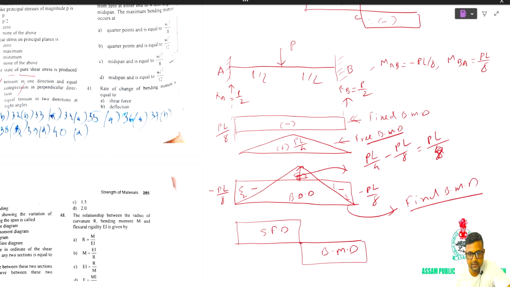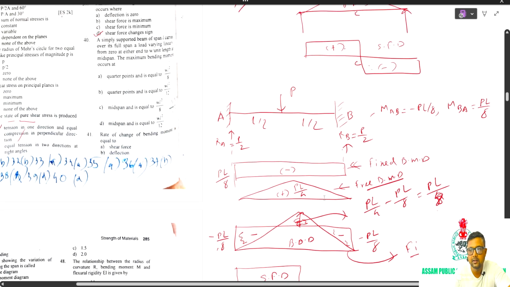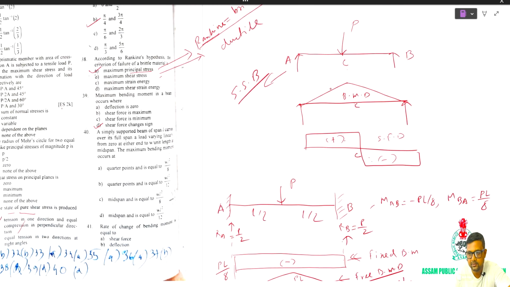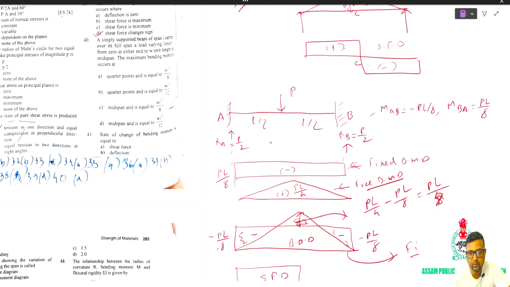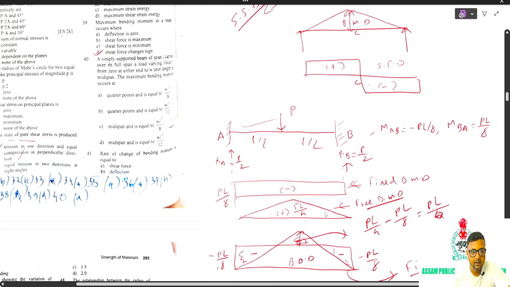But when the shear force changes sign, what is the value of the bending moment? Here is PL by 8, and here is also PL by 8. So this is not applicable for a fixed beam. This is applicable for only what? Simply supported beam, where when the shear force changes sign, the bending moment becomes maximum. Remember that, not for a fixed beam. Right? Okay.